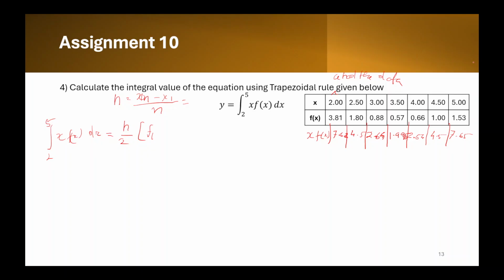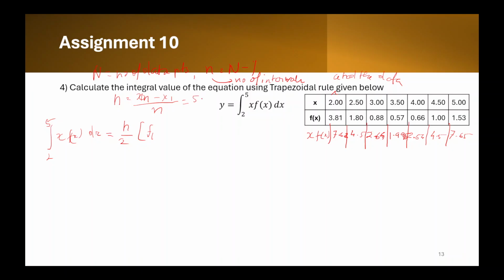So if the number of data points are odd, the number of intervals will be even and less than 1. So that will be n minus 1 basically. Number of data points I can write as capital N, and small n will be N minus 1, which is the number of intervals. So we know the number of intervals is 6.